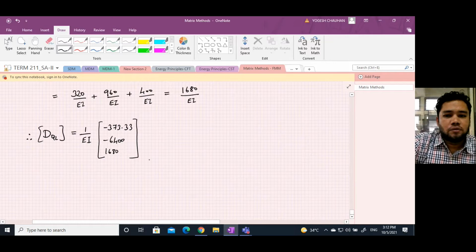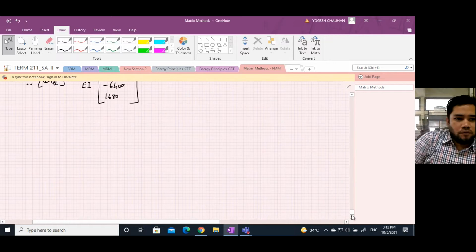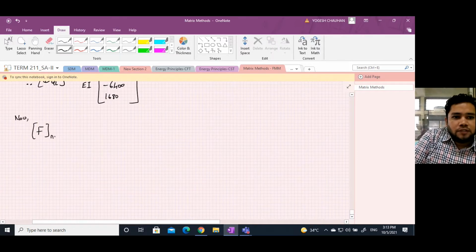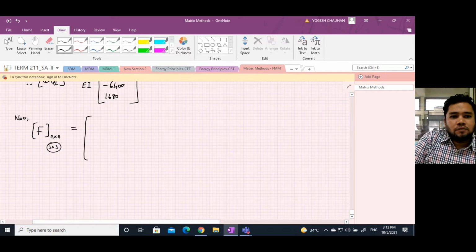Now we formulate the flexibility matrix. So your F matrix will be of size n cross n. Here the n value is 3, that is SI is 3. So it will be a 3 by 3 matrix, and the components of this matrix will be F11, F12, F13, F21, F22, F23, F31, F32, and F33.